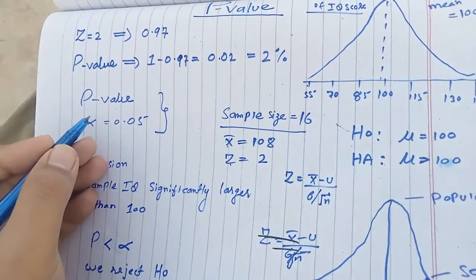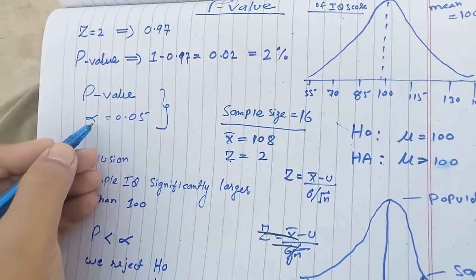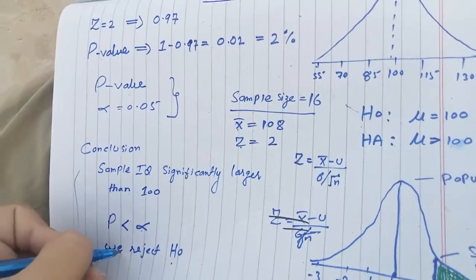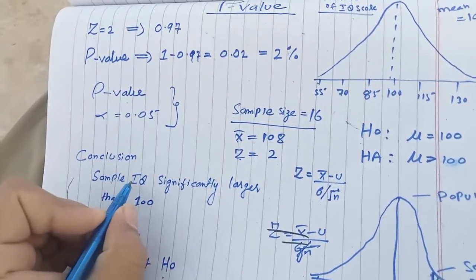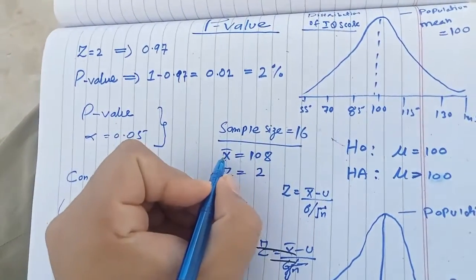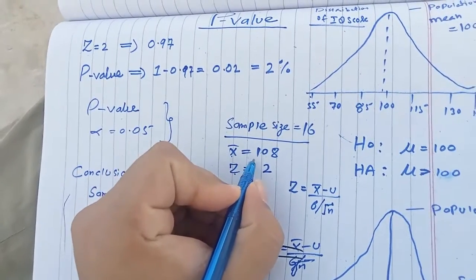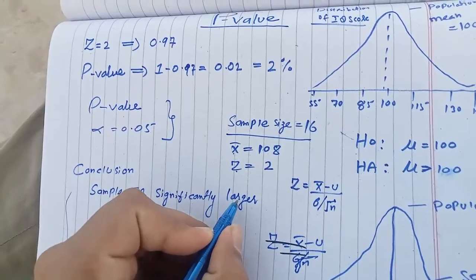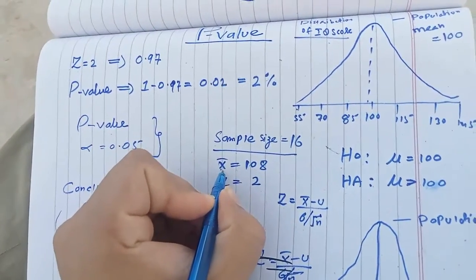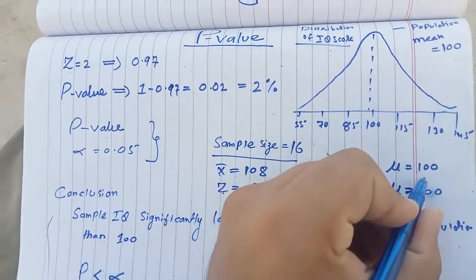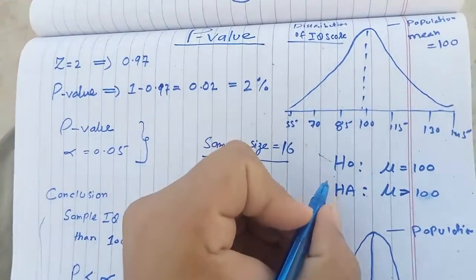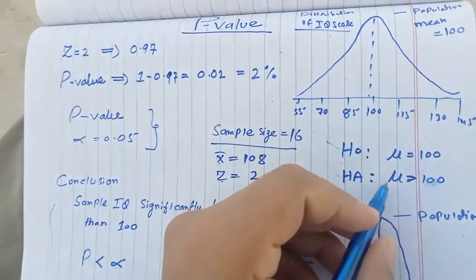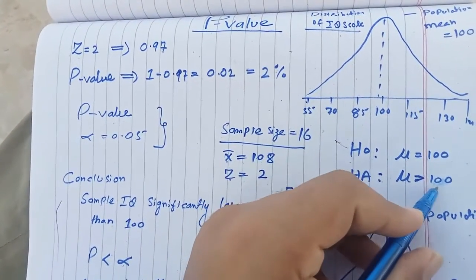When we compare the p-value with alpha, we find that the p-value is less than alpha, which means we reject the null hypothesis. It means the sample mean, 108, is significantly larger than 100, so we reject the null hypothesis and support the alternative, which says the average IQ score is greater than 100.